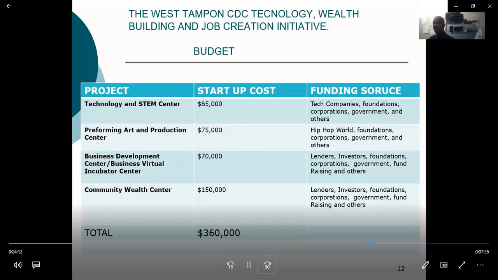We look at what the definite income is, the type of income that's in West Tampa. What do people spend their money on? What do people spend their money on after they pay all their bills? We look at all that in order to put together this strategy on creating 3 community businesses that we know community people will buy into by spending their dollars.